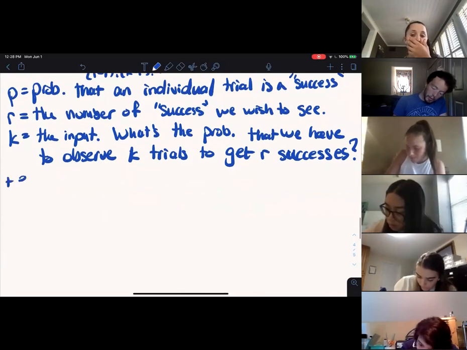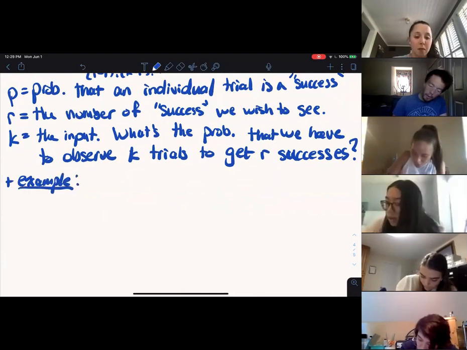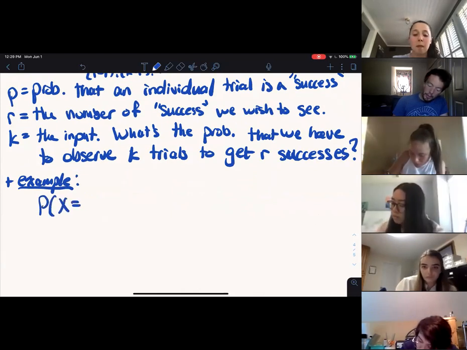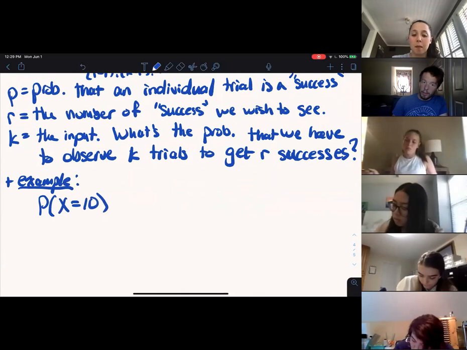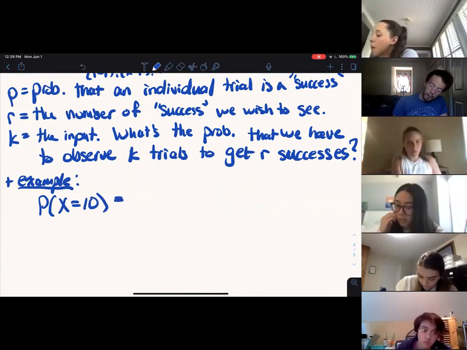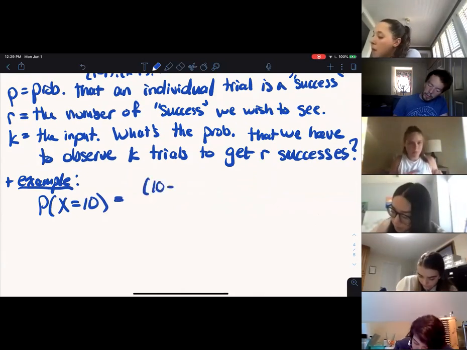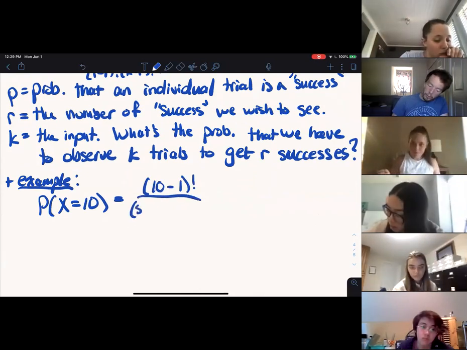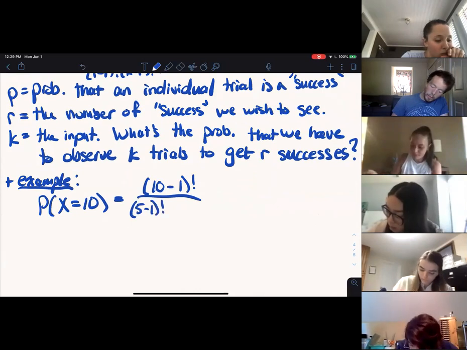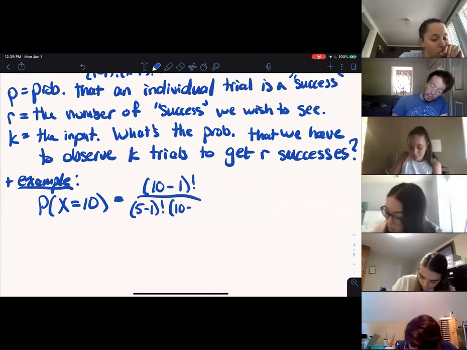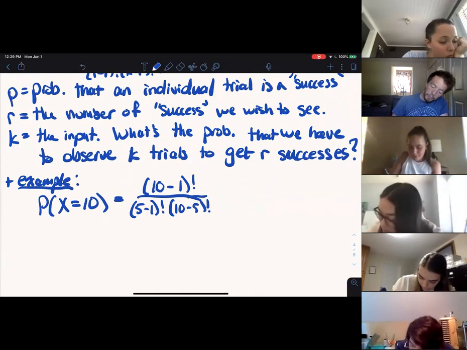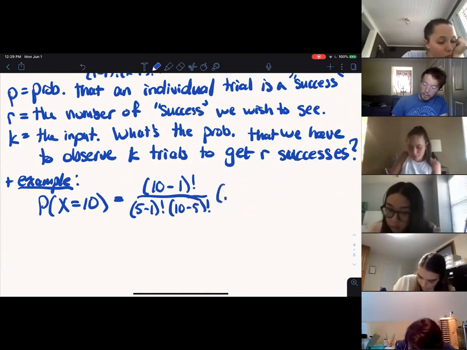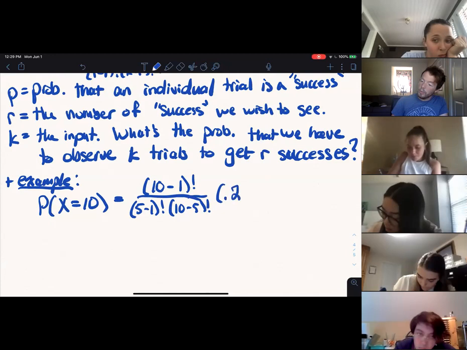So let's use our example from up above. I want to know the probability that it takes me 10 trials to get 5 students. So K is equal to 10, probability of X equals 10. And I just plug it into the formula. So this was (K minus 1) factorial over R factorial, (K minus R) factorial, just 10 minus 5. Then the probability of success, which in this case was 0.2, I believe, right?